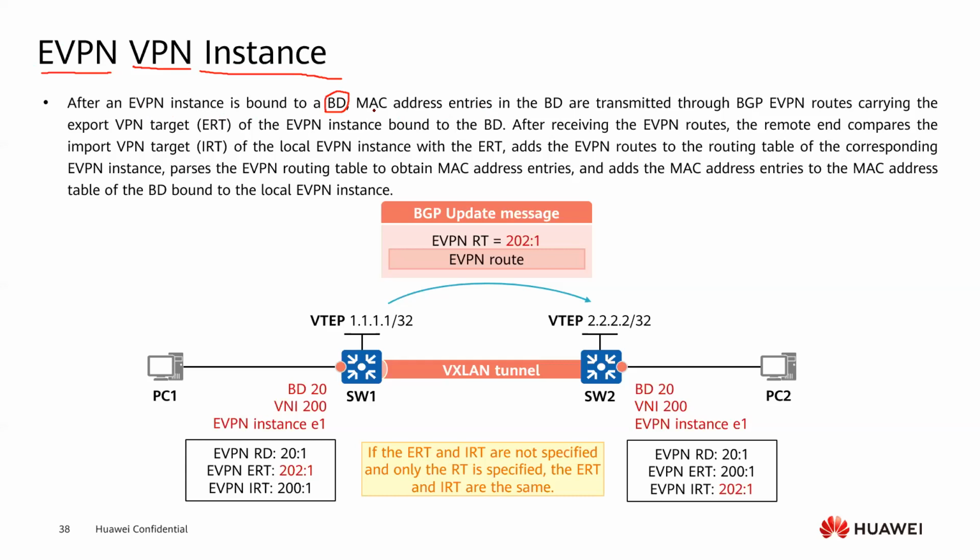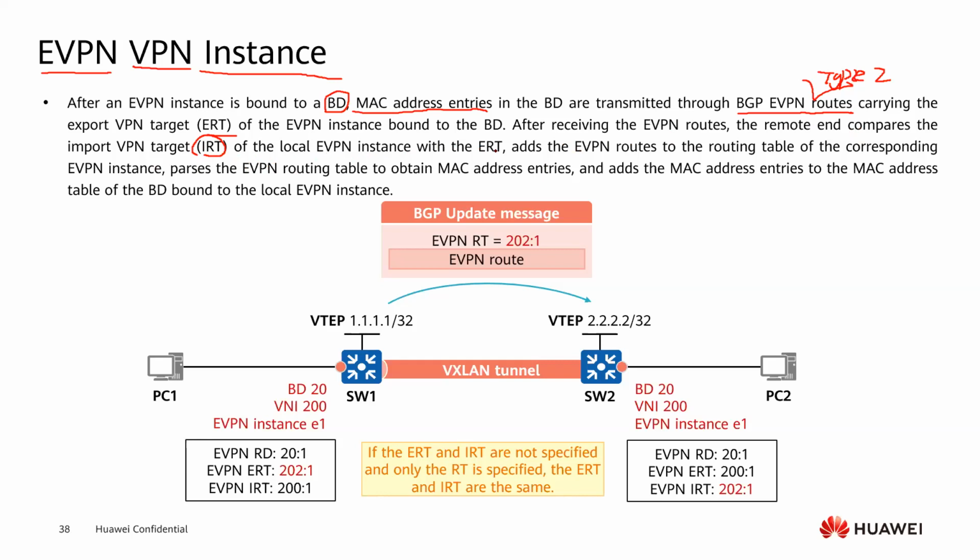So the MAC address entries in the BD will be transmitted through BGP EVPN routes. You should know that the MAC address entries are host information, so it should be the BGP EVPN type 2 route. This route will carry the RT values. After a peer has received the EVPN route, it will compare the RT value with the local EVPN instance RT value.